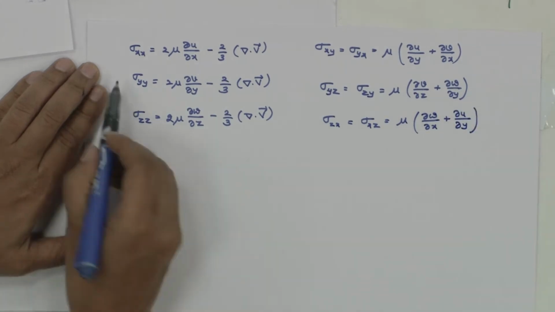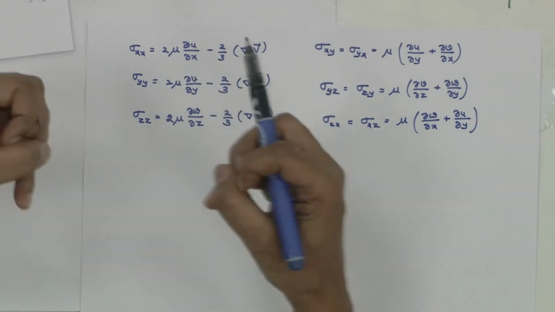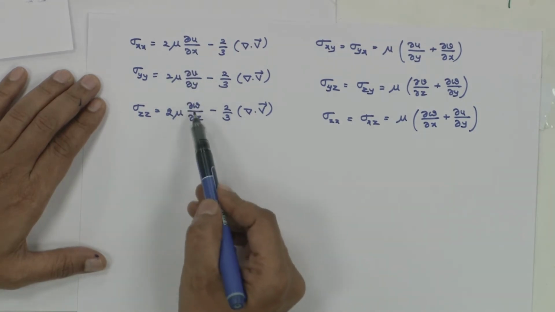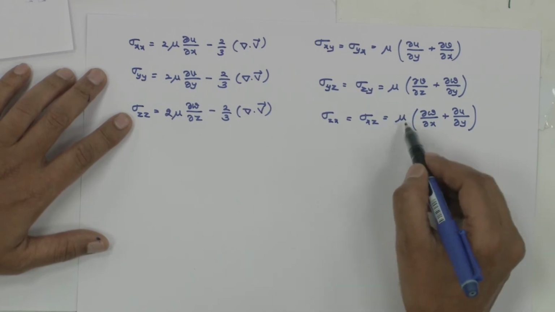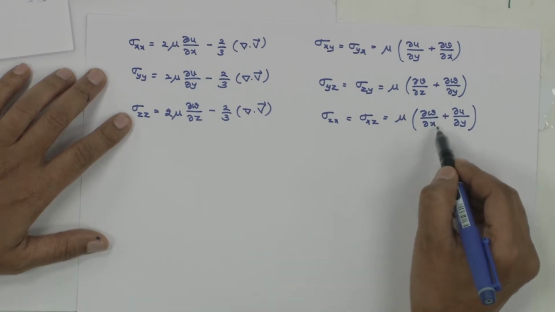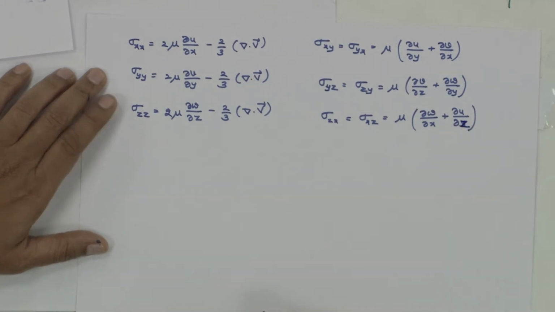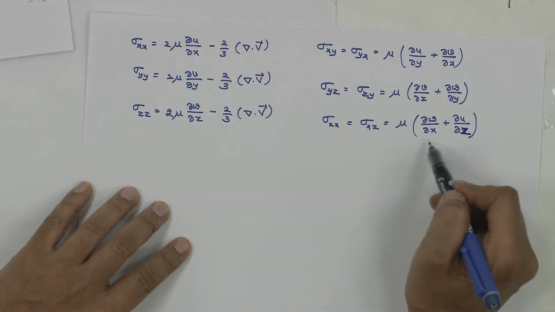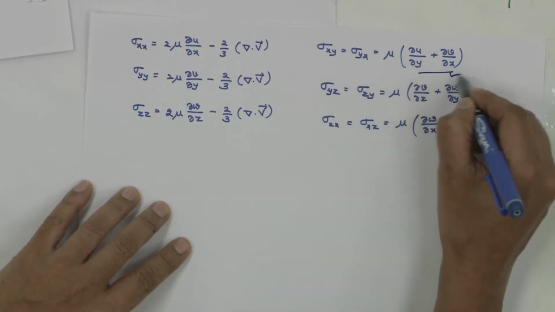Please notice, all normal stresses are stretching, they are just stretching. That's why you have linear deformation, del u by del x, del v by del y, del w by del z. These you see, these are cross velocity gradients. Cross velocity gradients mean angular deformation.